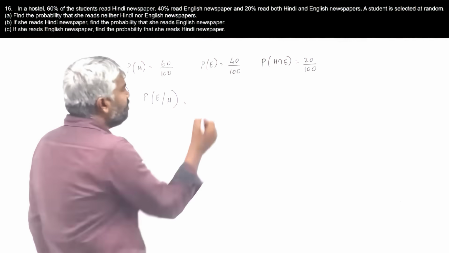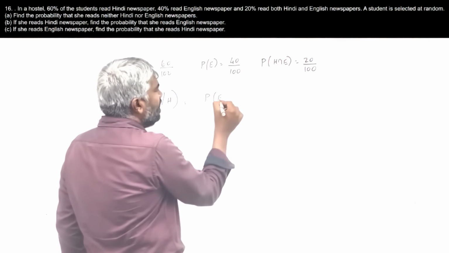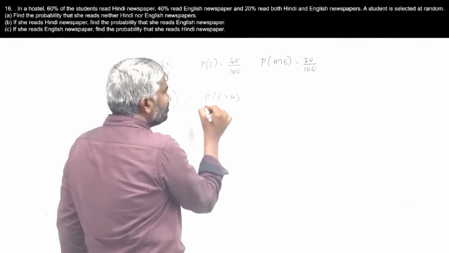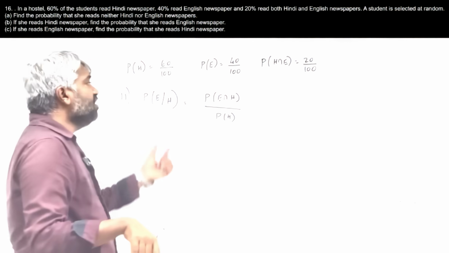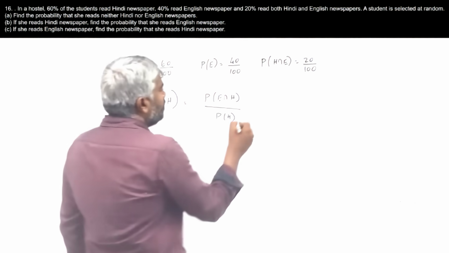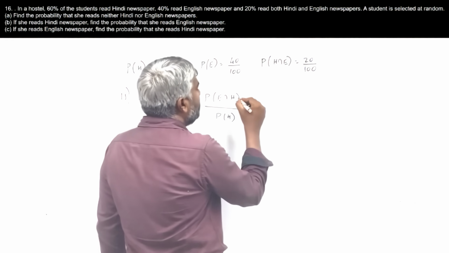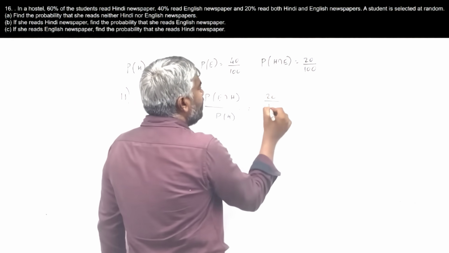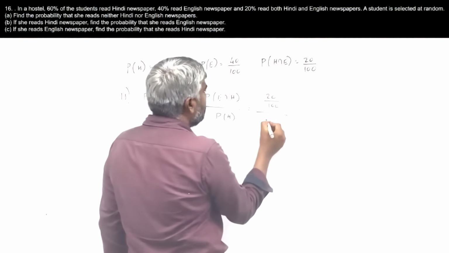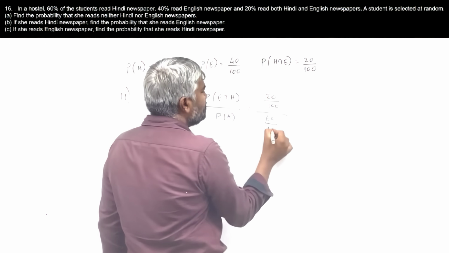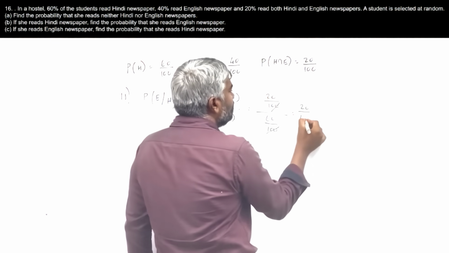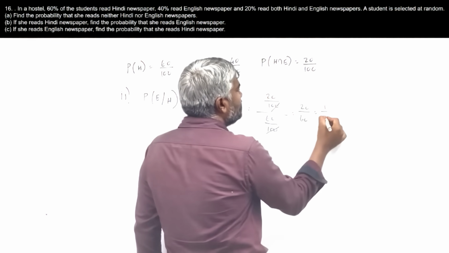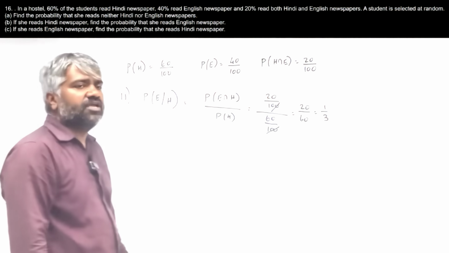P of E intersection H divided by P of H. So 20 by 100 divided by 60 by 100. If you cancel this, you will get 20 divided by 60, which is 1 by 3.